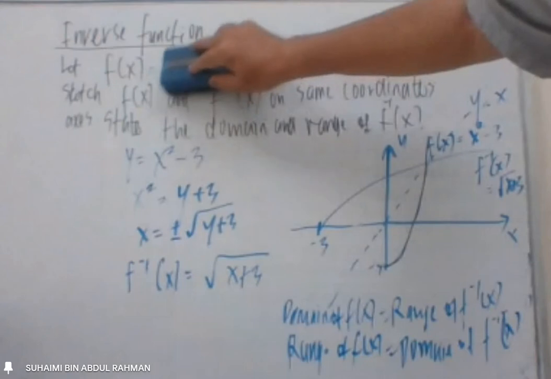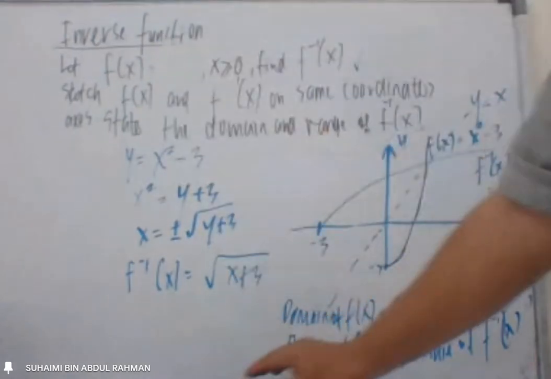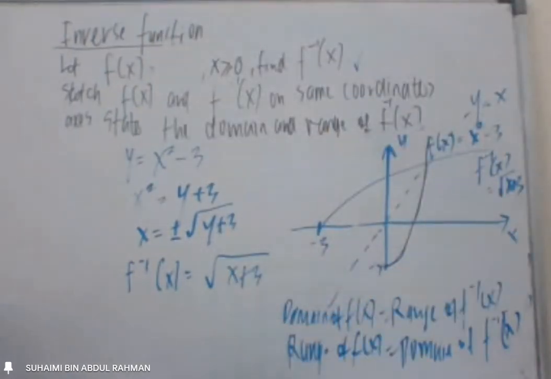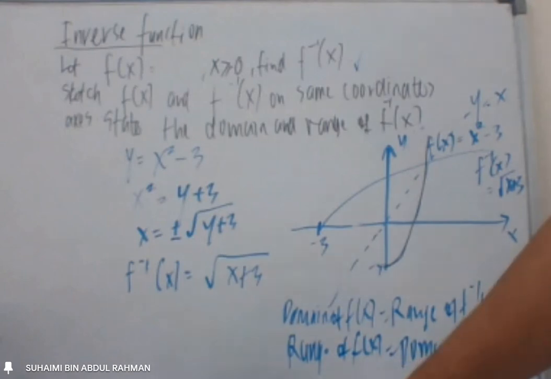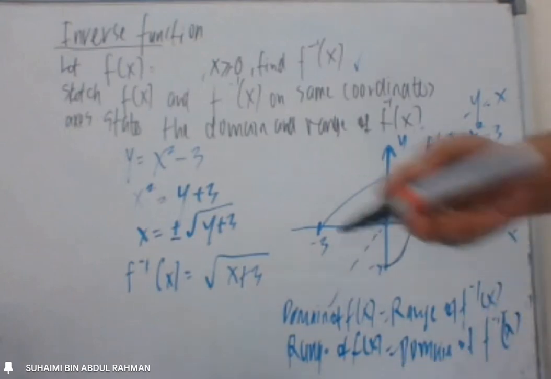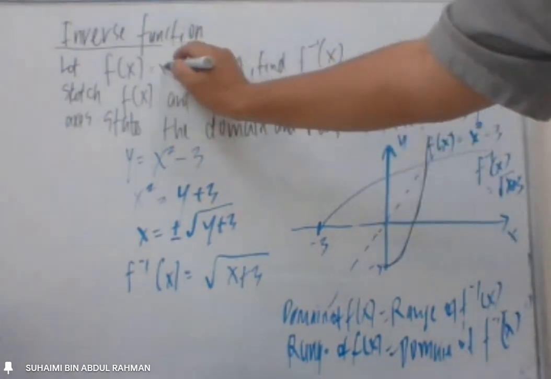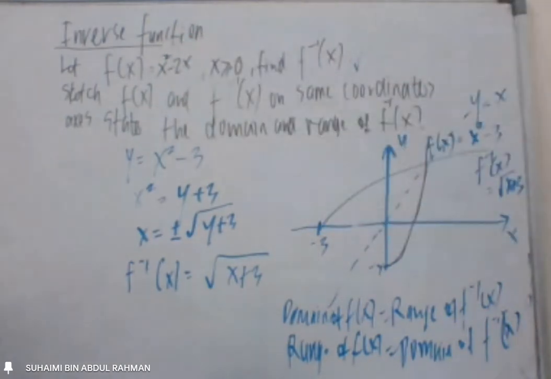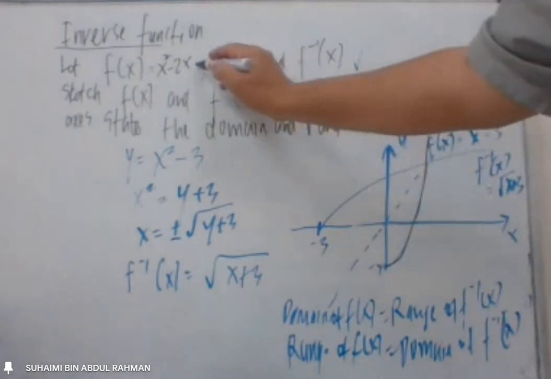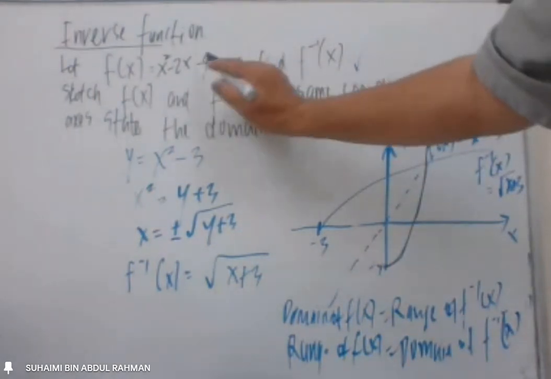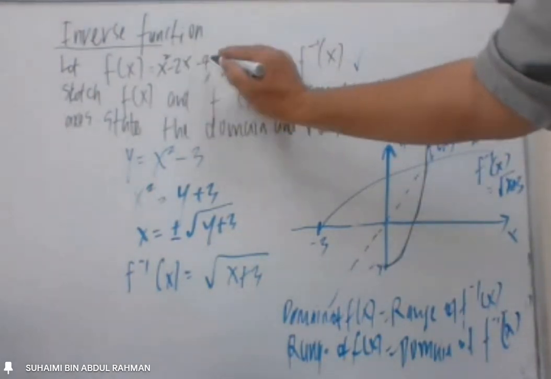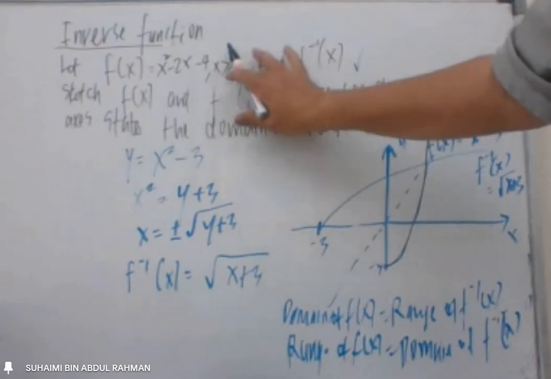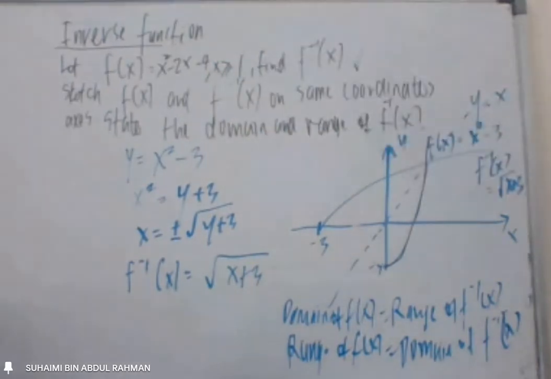Let's say the function is f of x equals x squared minus 2x minus 4, provided that x is greater than or equal to 1.